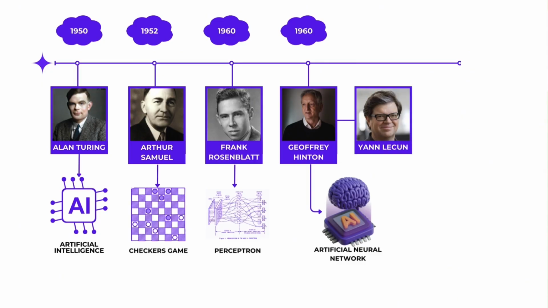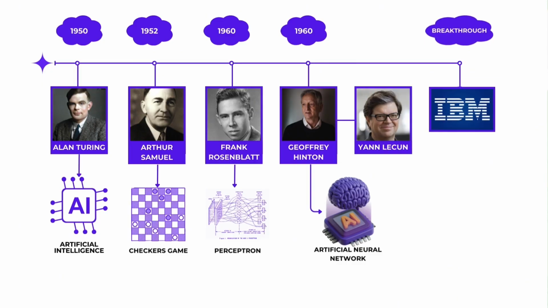There was a big breakthrough in machine learning when companies like IBM and Google brought out things like Deep Blue in 1997, which beat the world's best chess champion. Can you imagine that?